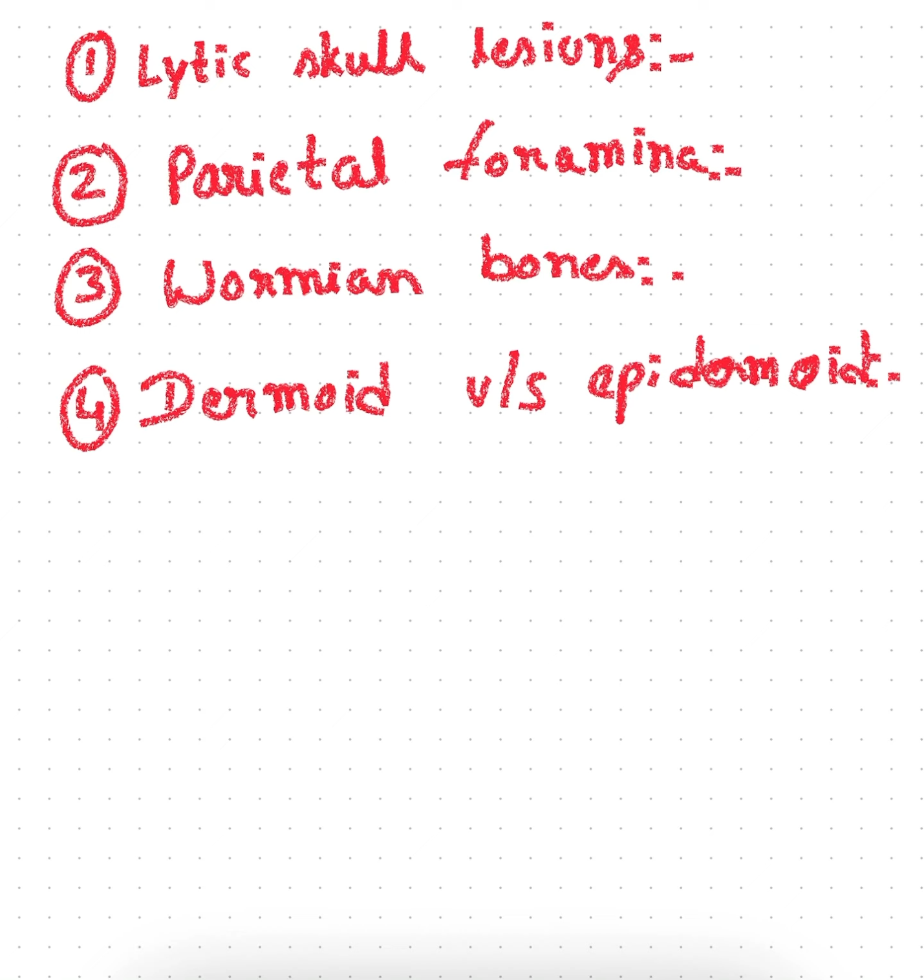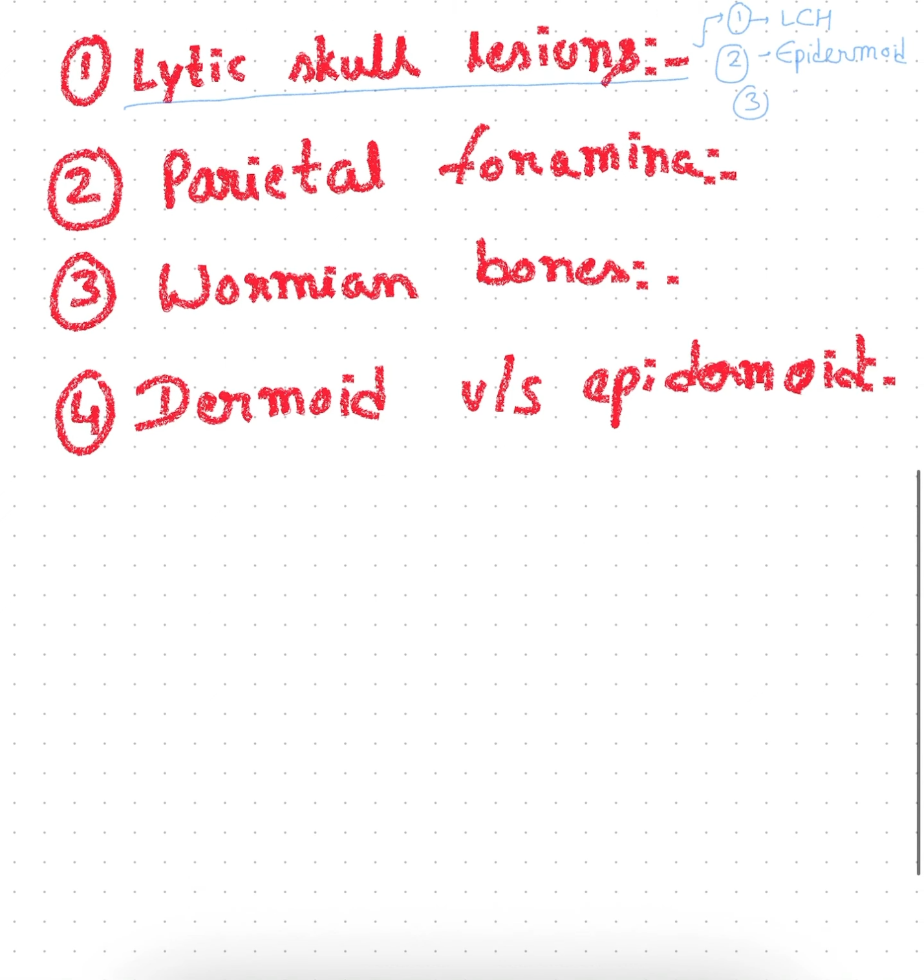So firstly, we will start with the lytic skull lesions. In children, the differential diagnosis for lytic skull lesions is: first, Langerhans histiocytosis; second, epidermoid cyst; third, some kind of infection; and fourth, some mets.